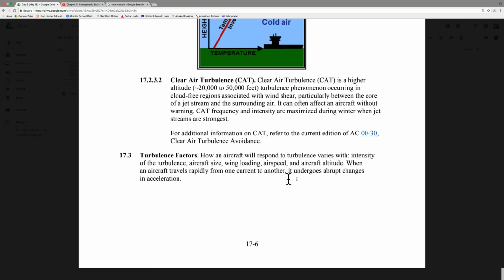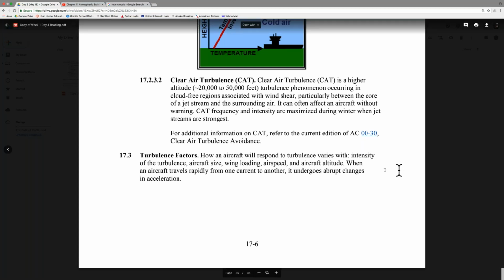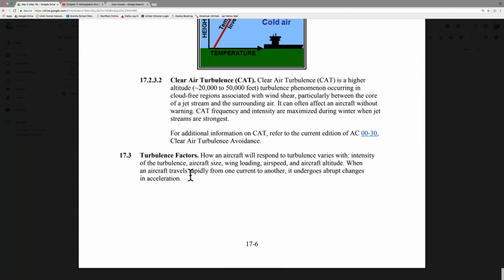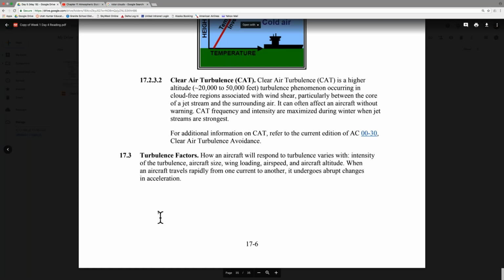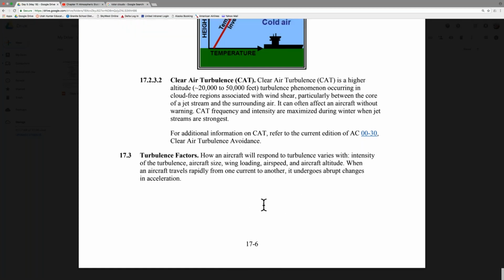So turbulence factors: how the aircraft responds to turbulence varies with a couple of different factors. Intensity of the turbulence, the aircraft size, wing loading, airspeed, and aircraft altitude. When the aircraft travels rapidly from one current to another, it undergoes an abrupt change in acceleration. To help you understand that, a lot of times you'll see PIREPs, or pilot reports, pop up for turbulence.